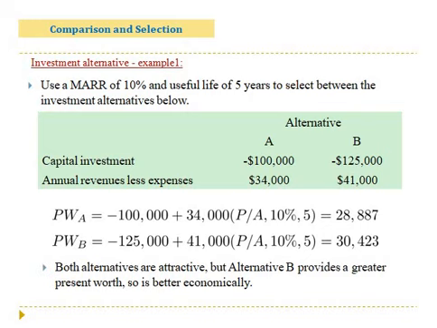Now I want to choose which project is better. So I will get the present worth of A and the present worth of B, and the greatest will be the chosen alternative. So here you see that the present worth of A is minus the initial investment, which occurs at P0.